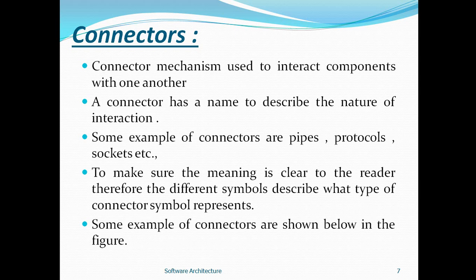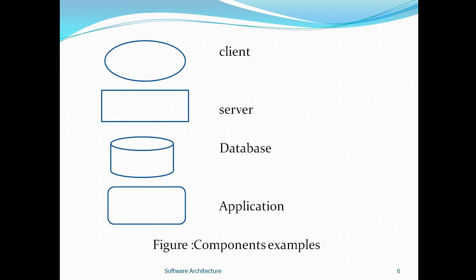A connector has a name which describes it and which provides the connections. Some examples of connectors discussed here are pipes, protocols, sockets, etc. These help to provide the connections among the components.